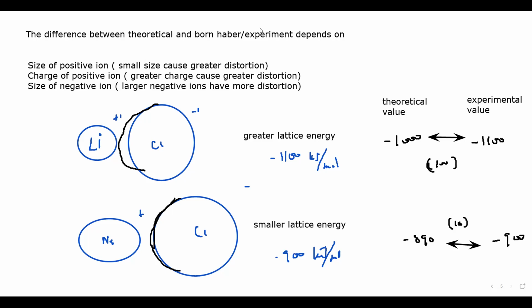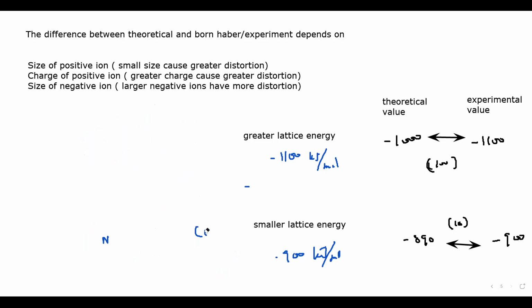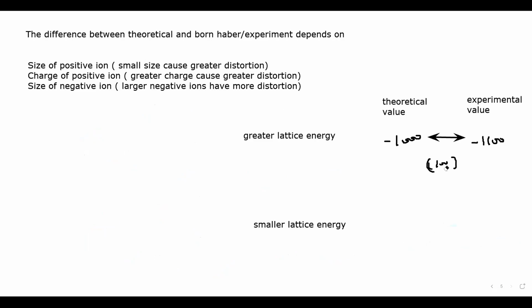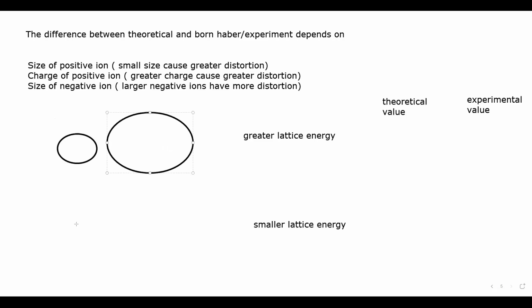The second thing it depends on is the charge of the positive ion. So we have sodium chloride, and we have magnesium chloride.